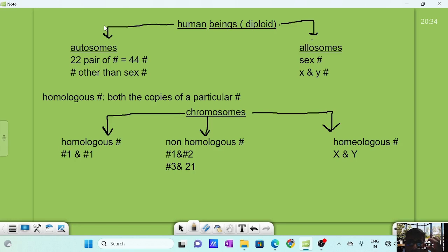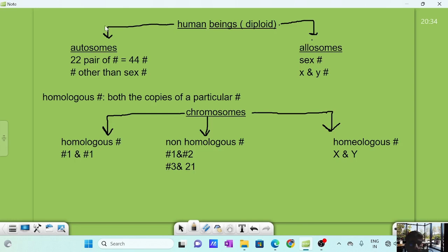Sex chromosomes are known as allosomes. So we have two types of chromosomes, autosomes and allosomes. Autosomes are the 22 pairs of chromosomes other than the sex chromosomes. Allosomes are the sex chromosomes, which are the X and Y chromosomes.